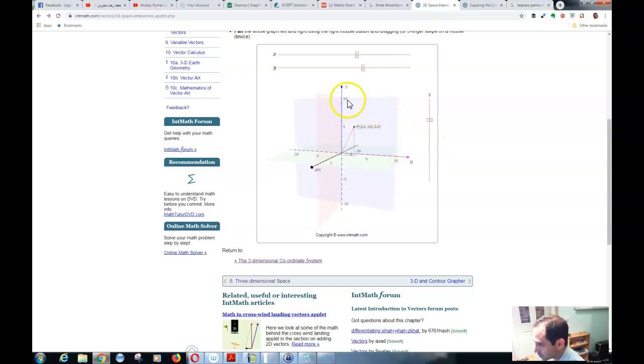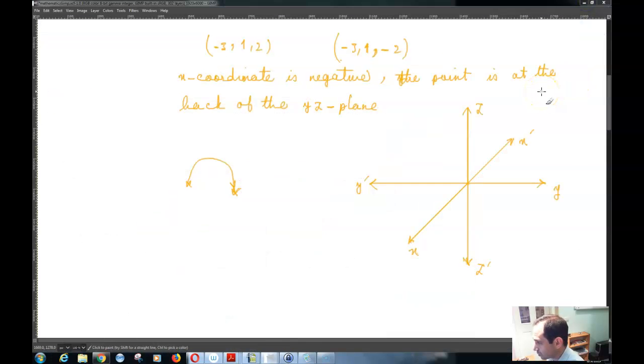That is the YZ plane that we are referring to. So you need to be careful about the way that I talk about these things.